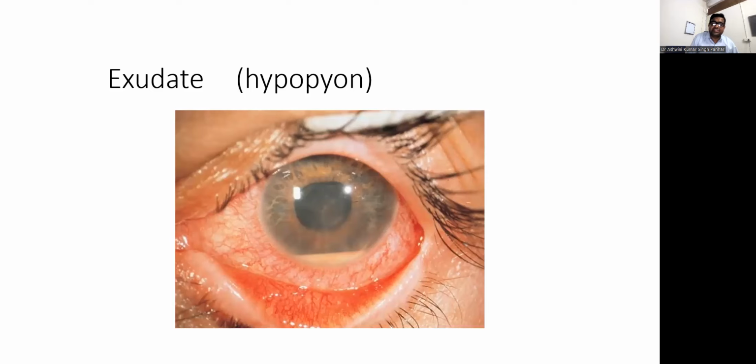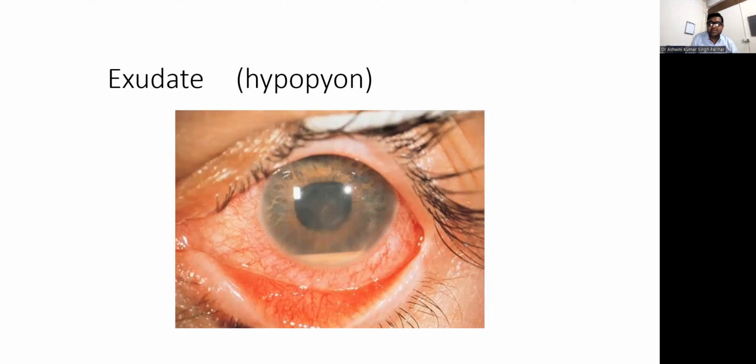Yeah, this is a picture which shows the hypopyon. Hypopyon can occur in multiple conditions like fungal ulcer or any other corneal ulcer. But the same in uveitis, in severe cases, when there will be severe exudation. The exudates will be so severe that cells and exudates will get collected in the anterior chamber. This collection is known as hypopyon.